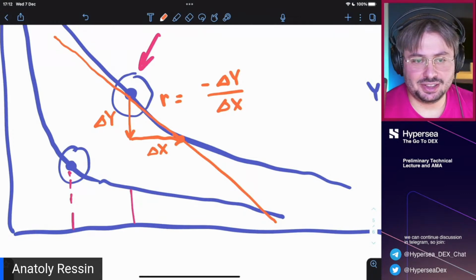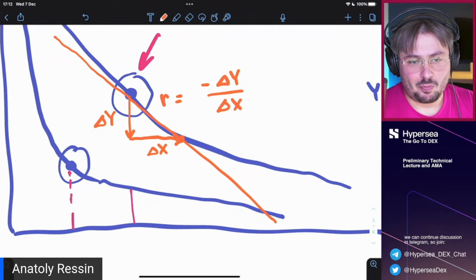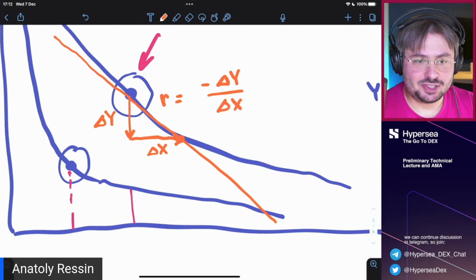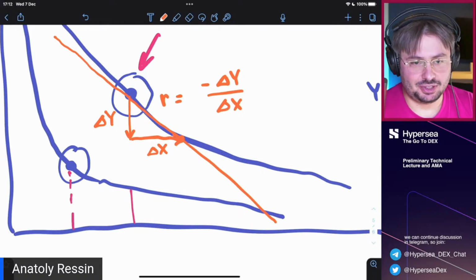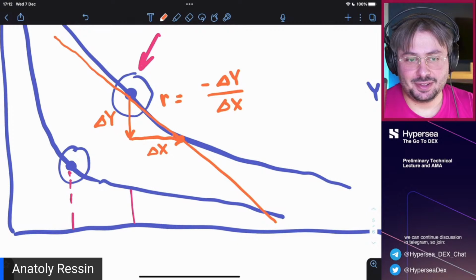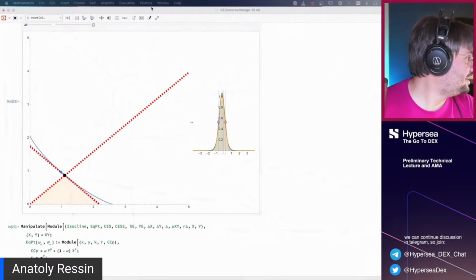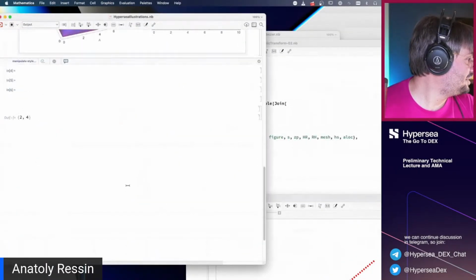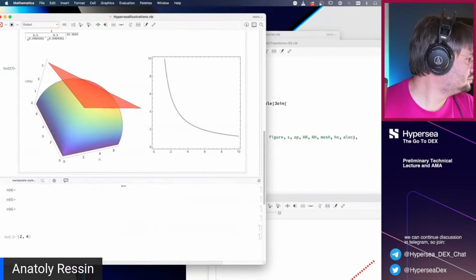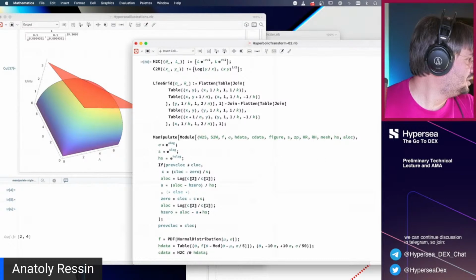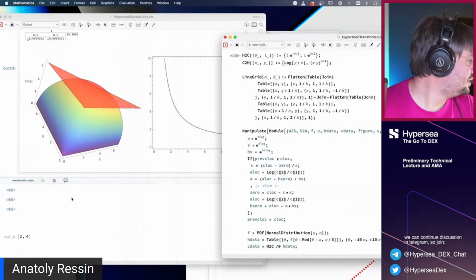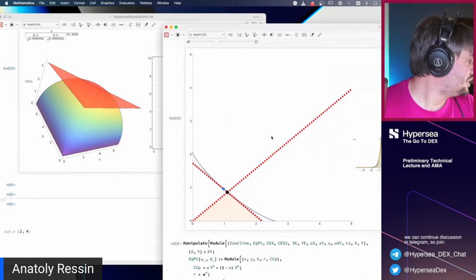And it is very interesting that in Uniswap you have a magical property. If you select any point on the hyperbola, then the derivative at this point will be exactly equal to the ratio between x and y, and it can be very easily shown in this way.